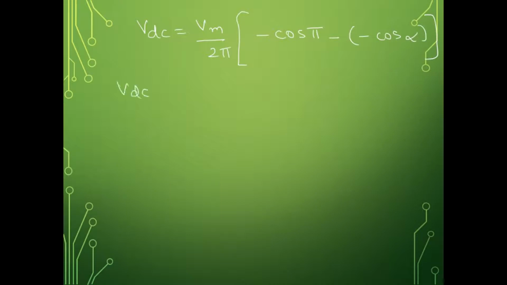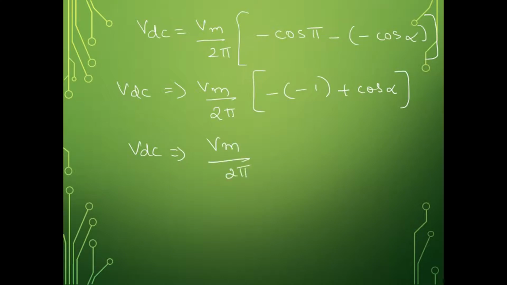Cos pi is minus 1, so it is minus of minus 1 plus cos alpha, or we can write VDC is equal to Vm by 2 pi into 1 plus cos alpha. So this is the expression for the average value of the output voltage, Vm by 2 pi into 1 plus cos alpha.